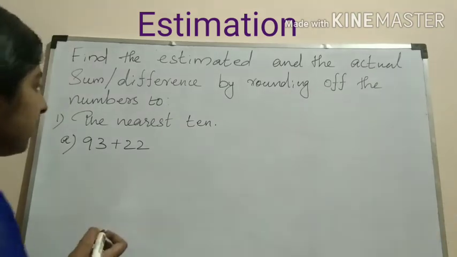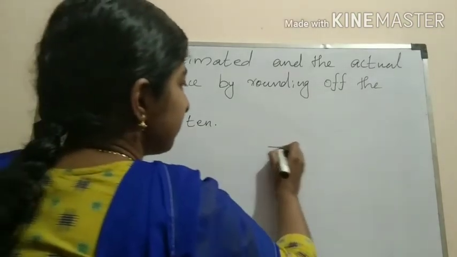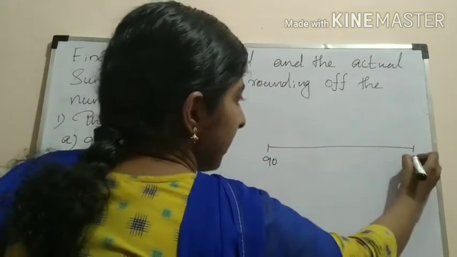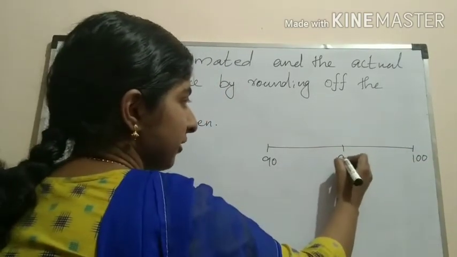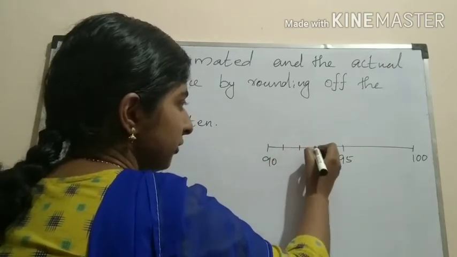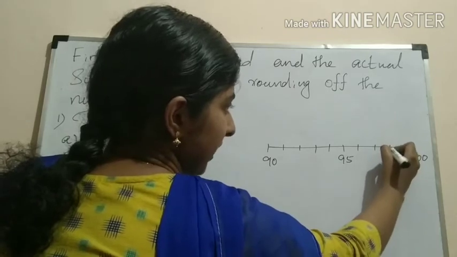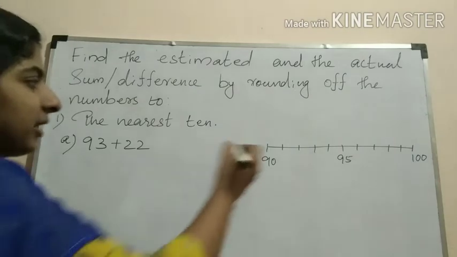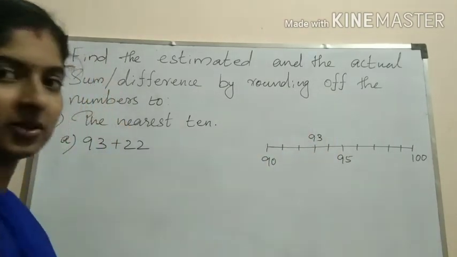Okay. Then 93. 93 lies between 90 and 100, isn't it? This one is 95. This one is 91, 92, 93, 94, 96, 97, 98, 99, 100. 93 is here.